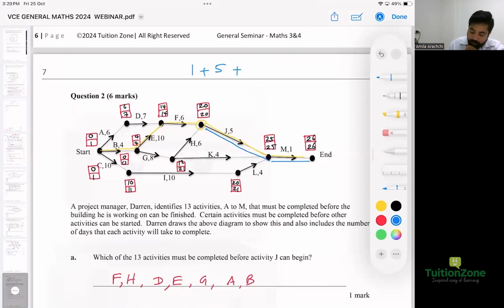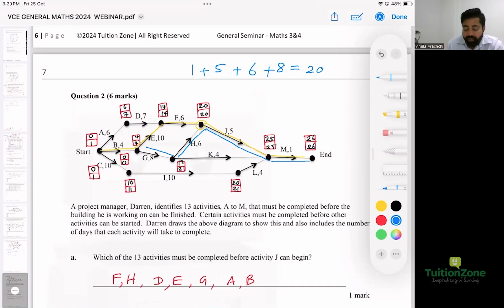And then H. You went this way, which is 6. And then G, which is 8. So this total becomes, what's the answer? 12. Is it 20? 20, isn't it? So the total for this one is 20.